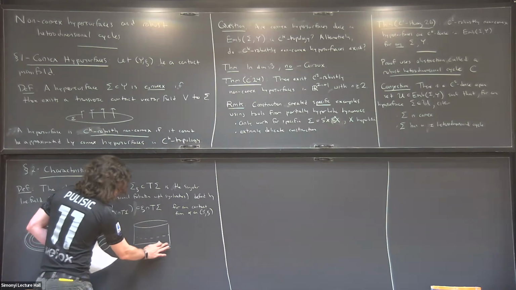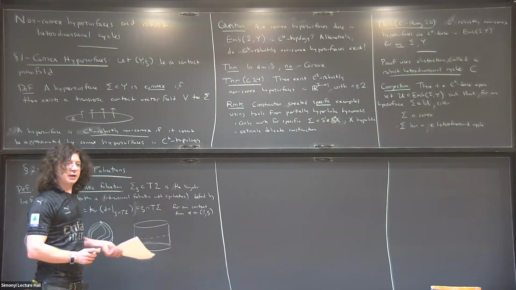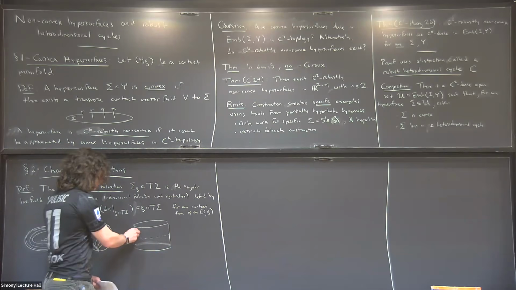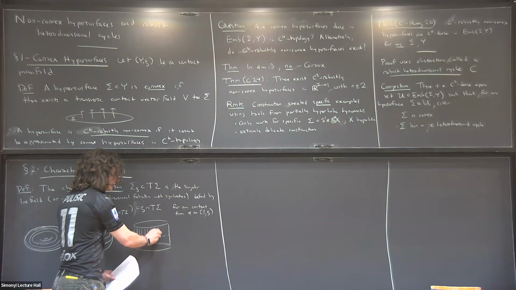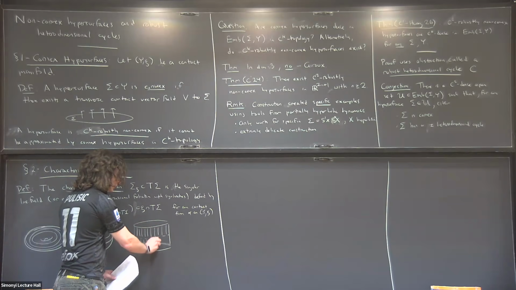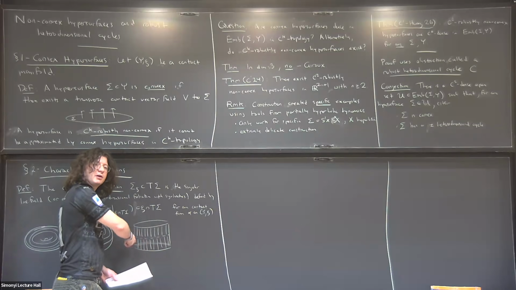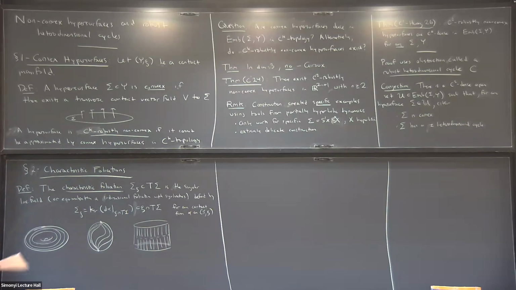This is not a closed hypersurface, of course, but it's a hypersurface inside of its own contactization, R cross T star S1. Here, the characteristic foliation is basically the span of the Liouville vector field. So at each point away from the zero section, you get these lines, which are the integral curves of the Liouville vector field, and then along the zero section, you have a family of singularities. Okay. So these are three examples of characteristic foliations.